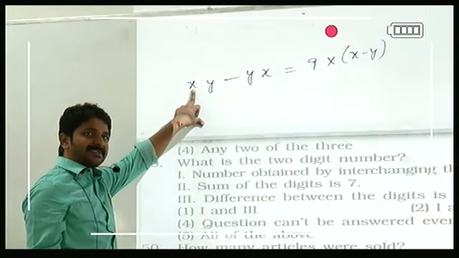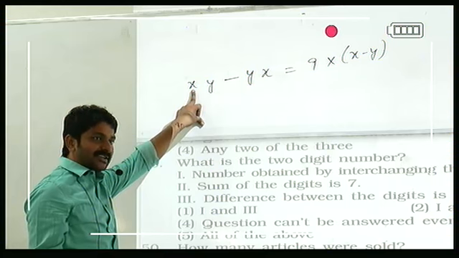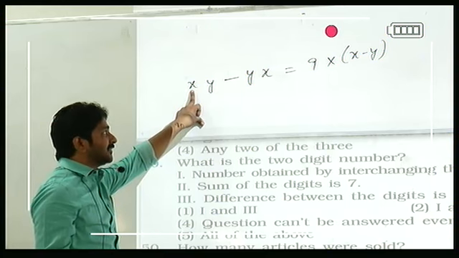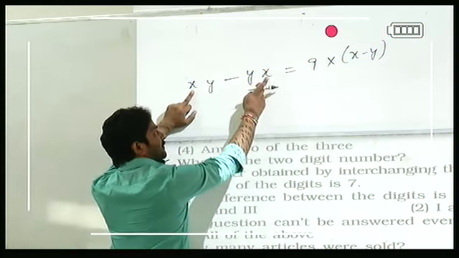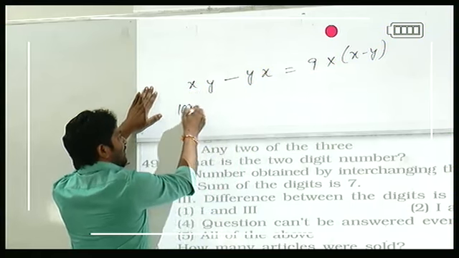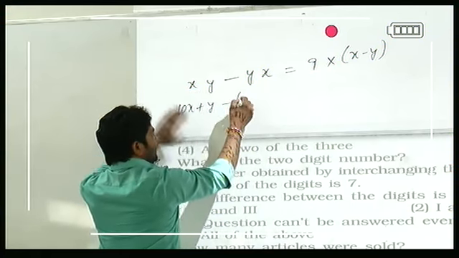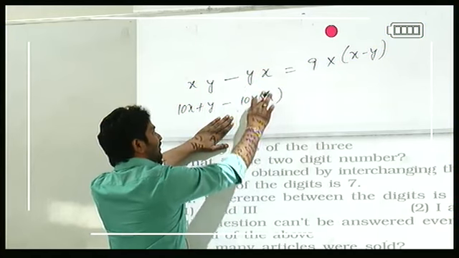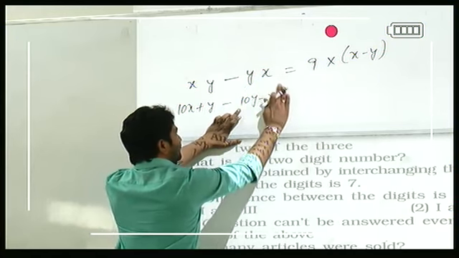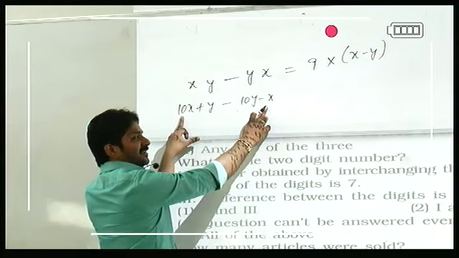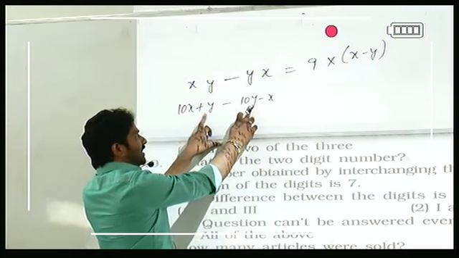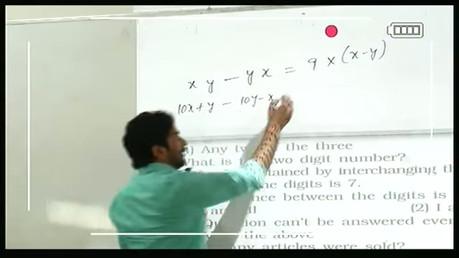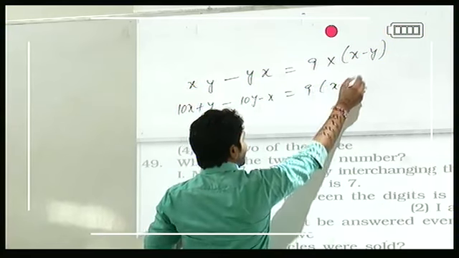Can I treat it as 10x, because this is in the tens place, right? See, this is 10x plus y and this is 10y plus x. When you subtract, 10x minus x is 9x, and minus 10y plus y is minus 9y. When you take 9 common, that will be x minus y.